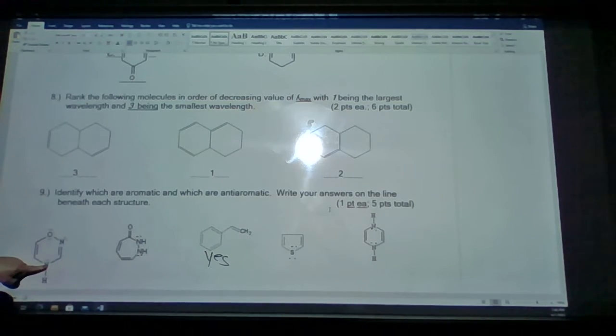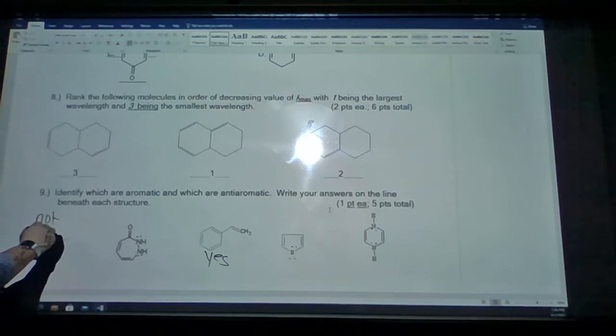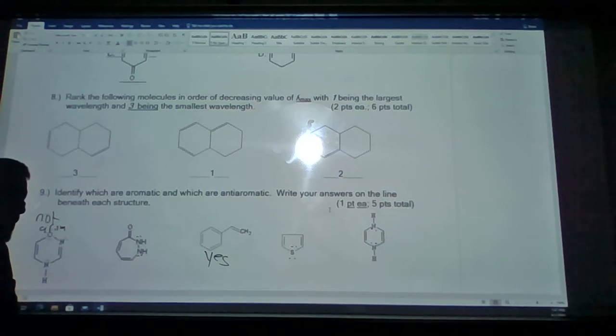This guy, if it was involved in a double bond, could we make this aromatic? Yeah, but since it's not, it's not aromatic. This guy, let's assume it's flat. Let's assume it's cyclic. Is every atom involved in sp2 hybridization? No. Do we have available pairs of electrons that we could get every atom involved in conjugation? No.